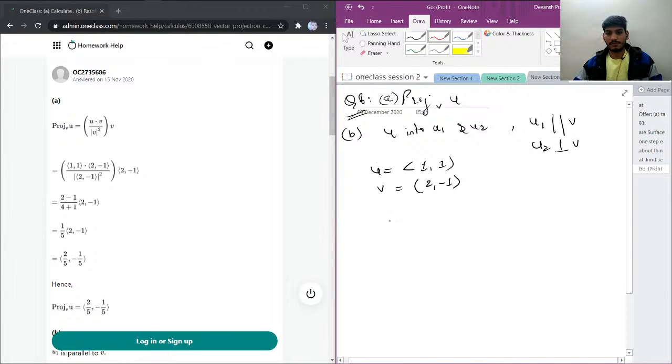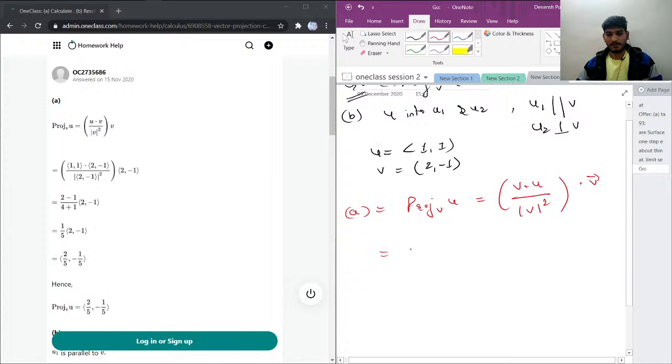So for projection, we have a formula. If you want to take the projection of u along v, we have the formula v dot u over the magnitude of v squared, times the v vector.